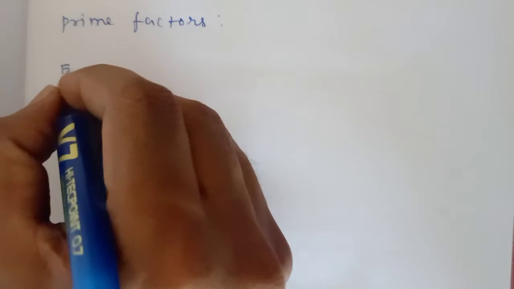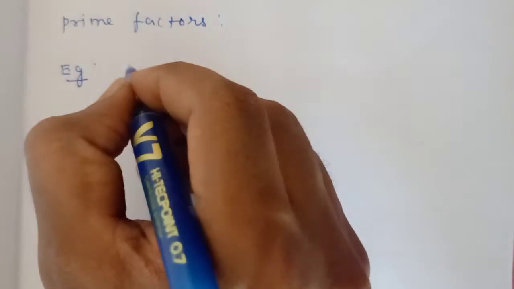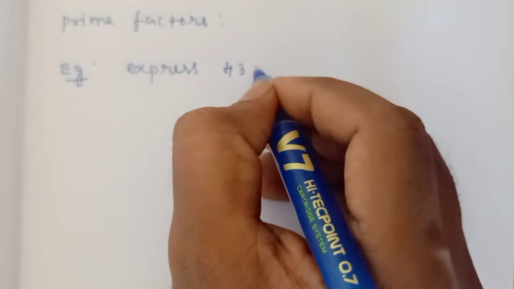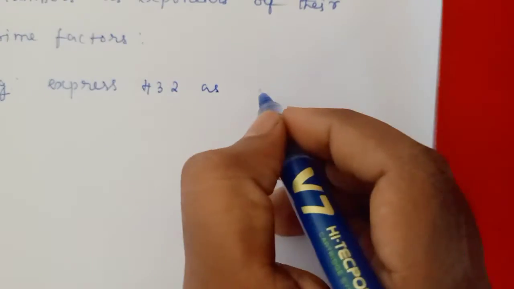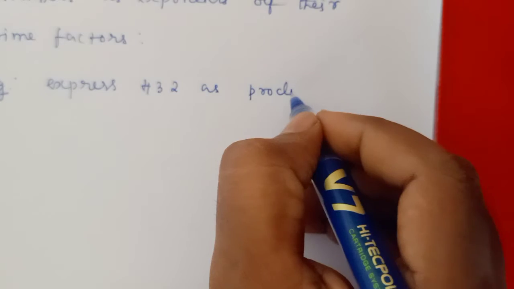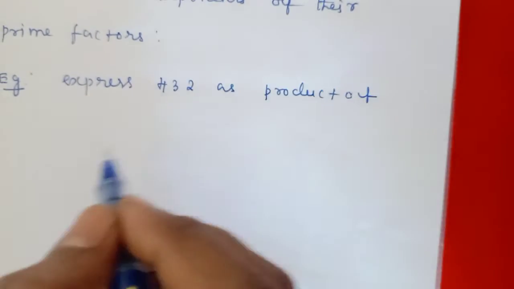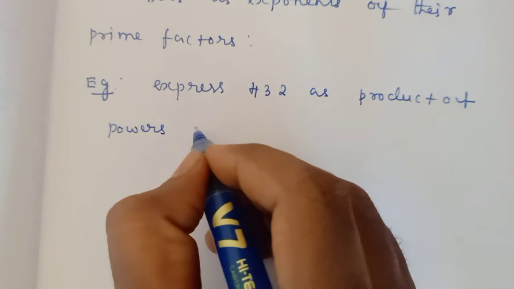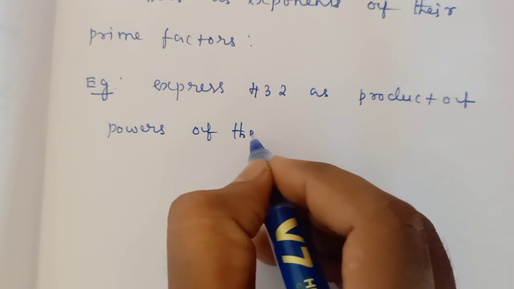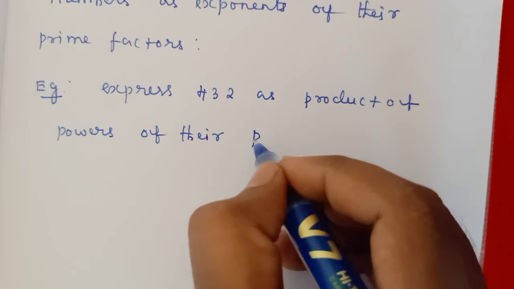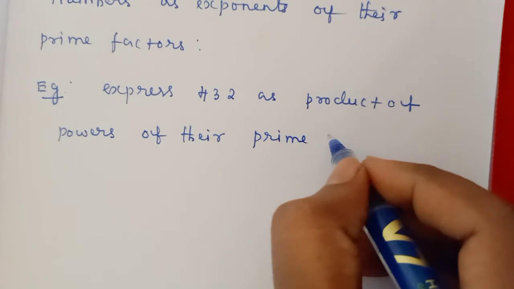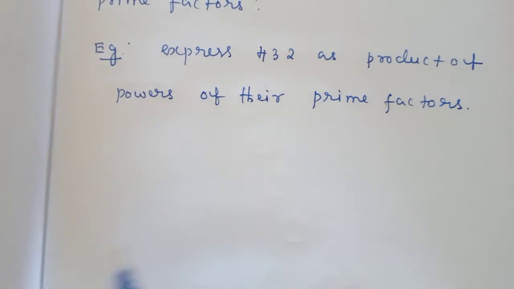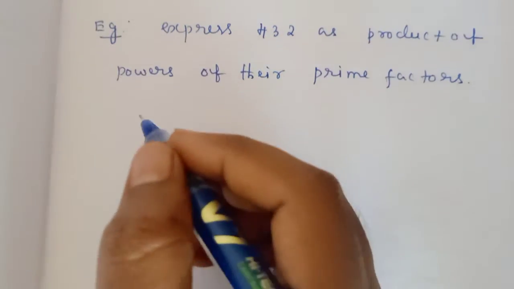So for example, express 432 as a product of powers of their prime factors. I am going to split the 432 in terms of prime factors.